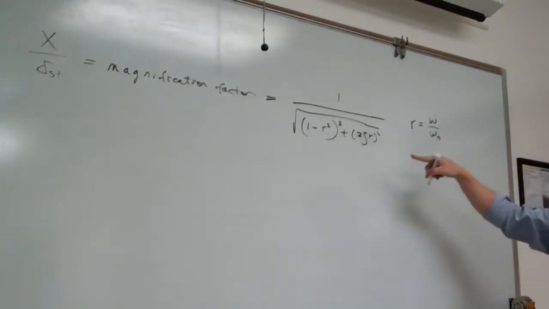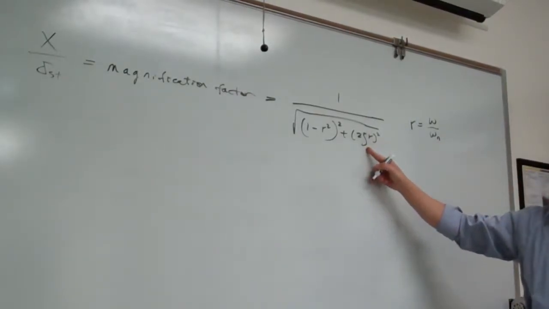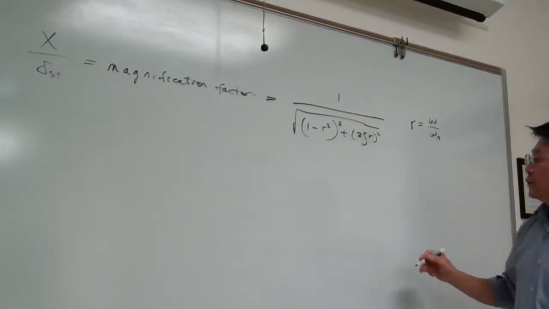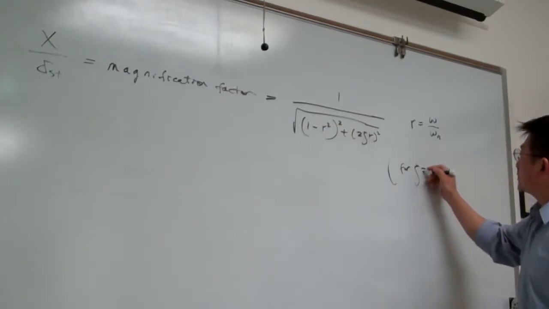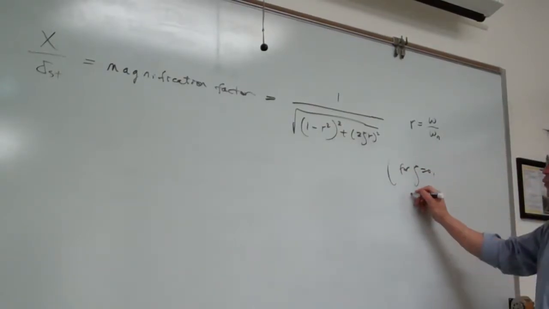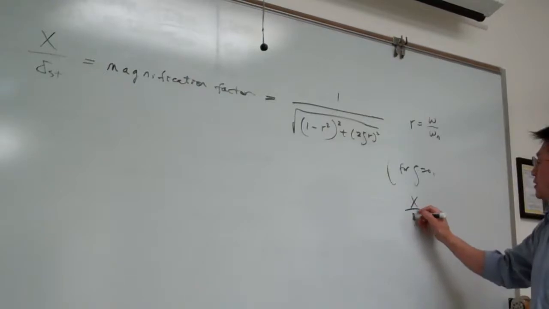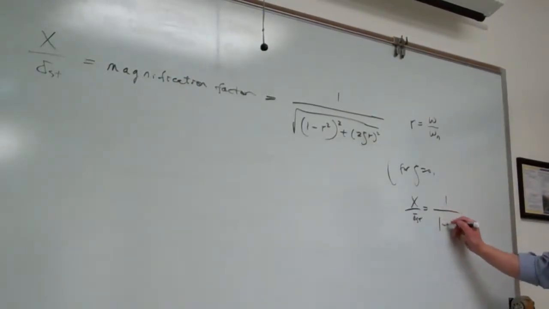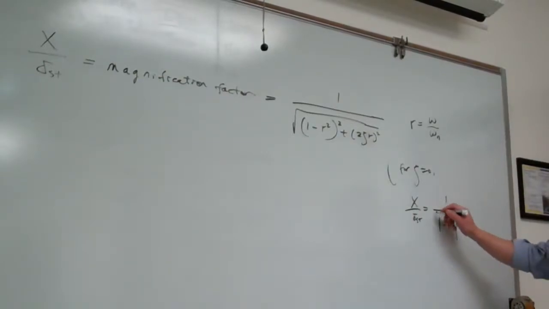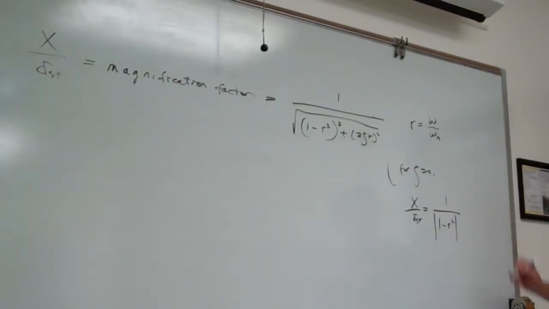Okay, and zeta is the damping ratio. So if you say for the case of damping ratio equal to 0, then this one will be simplified into 1 over 1 minus r squared, and let me take the absolute value here, okay?